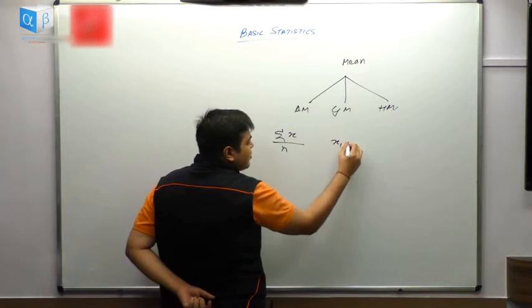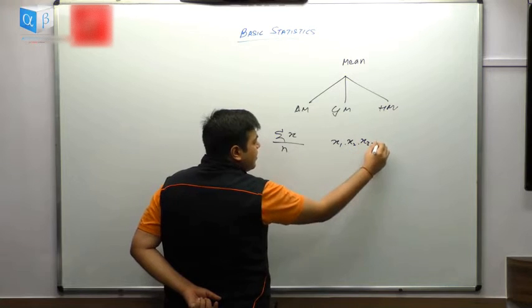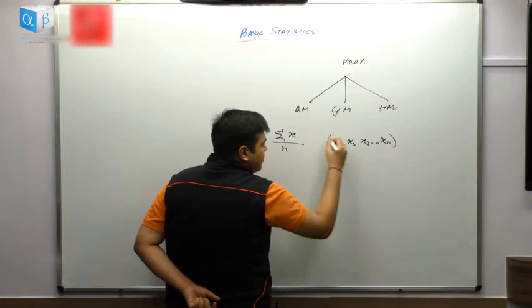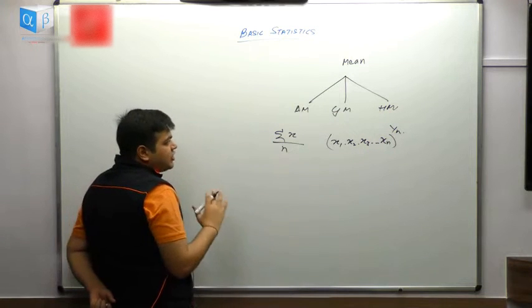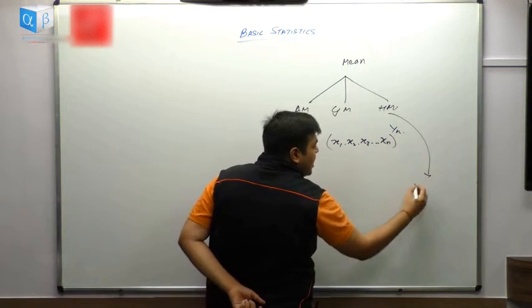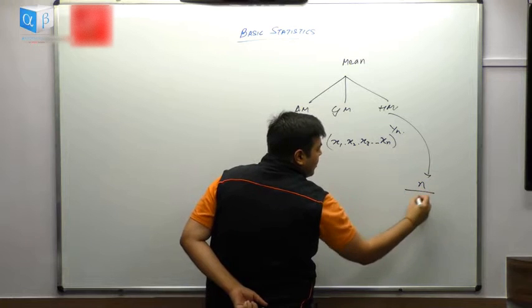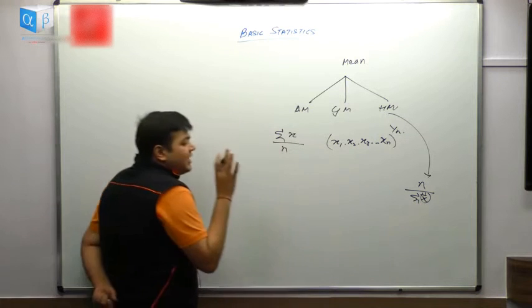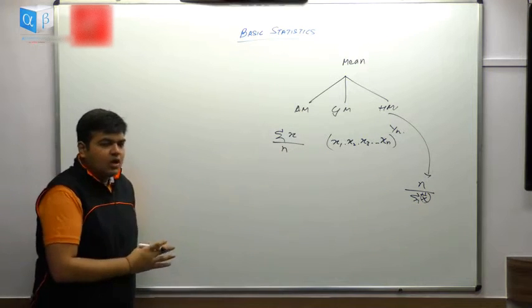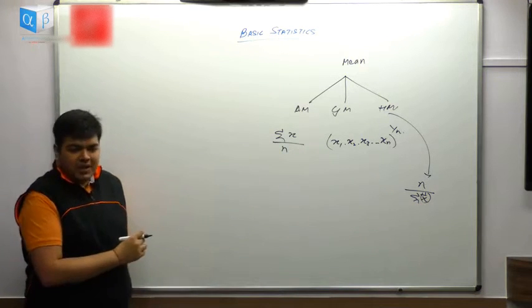Geometric mean would be x1 into x2 into x3 till xn whole to the power 1 by n. I'll talk about the application of each. Harmonic mean would be n divided by sigma 1 by x. You will not have to learn the formulas. You will just have to understand the logic behind it.